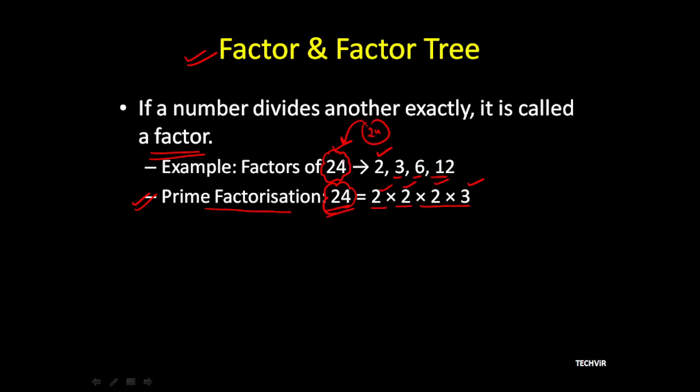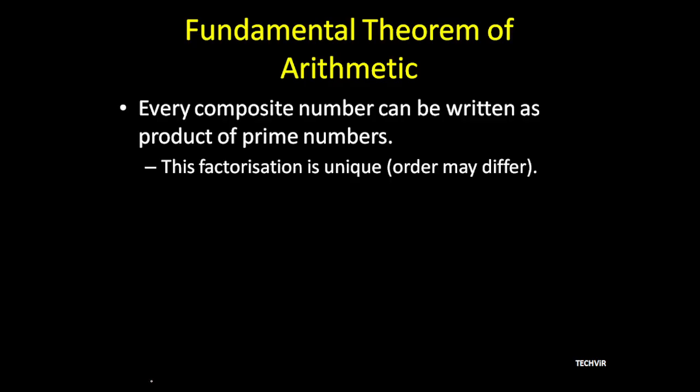Above is also a kind of factorization. Here we have written the factors of this, but we have not completely written this 24 in terms of product of any factors. So whenever you write a number in terms of product of prime numbers, that is known as prime factorization of that number.